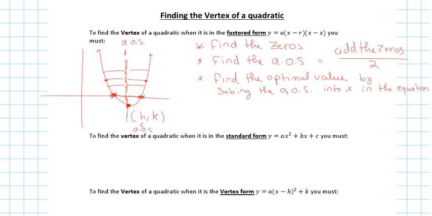And that would give me the optimal value. And remember, that would give me the vertex, which is H, K. So I just want to make a note here that this is the H value, so H is equal to this. And then by plugging in the axis of symmetry, that would give me the K value, right?